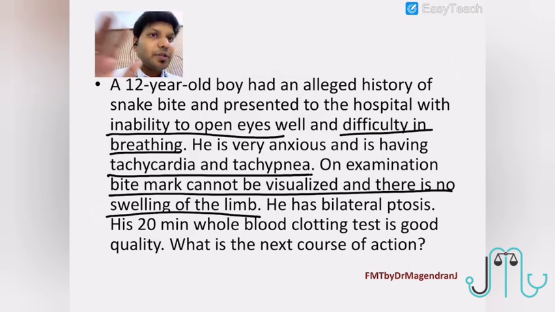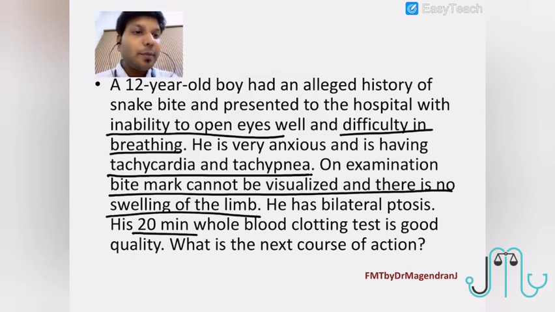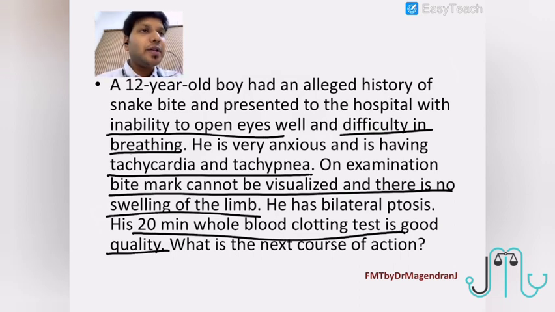Before moving on to the options, we first need to narrow down which species of snake it could be. You can see that the patient has neurotoxic features, ptosis is there, and the patient has a normal 20 minute whole blood clotting test, so it is unlikely to be a viper. So it has to be an elapid snake. And in elapid snake bite, there are two important possibilities.